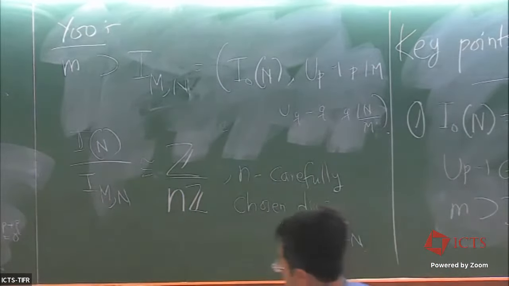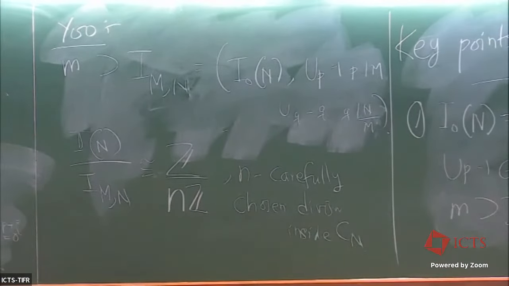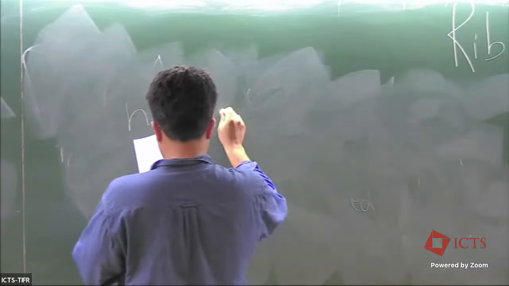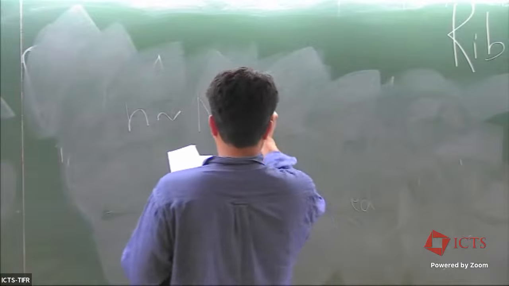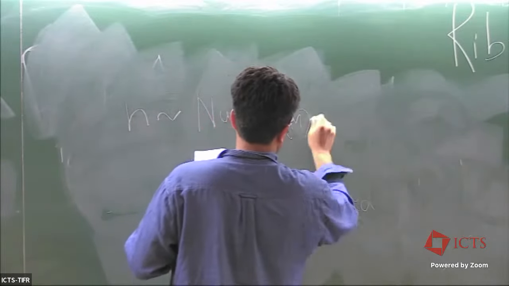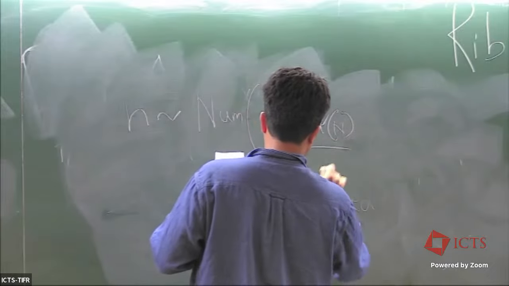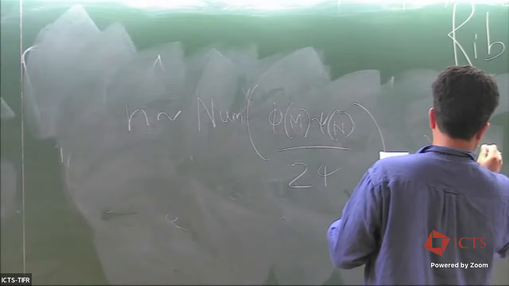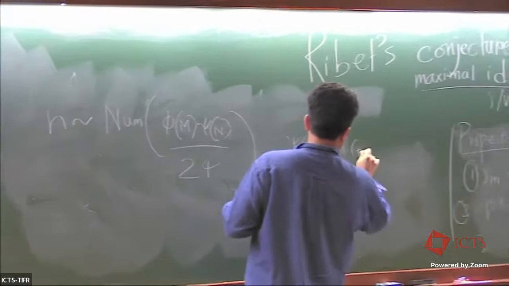Okay, and he went on to compute this up to the order of powers of 2 and 3, so d is the same as the square root of phi n over 24, and psi n is 1.